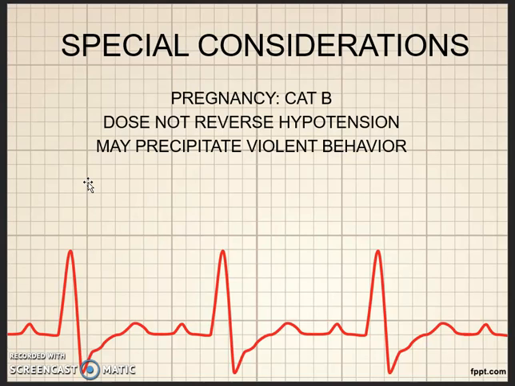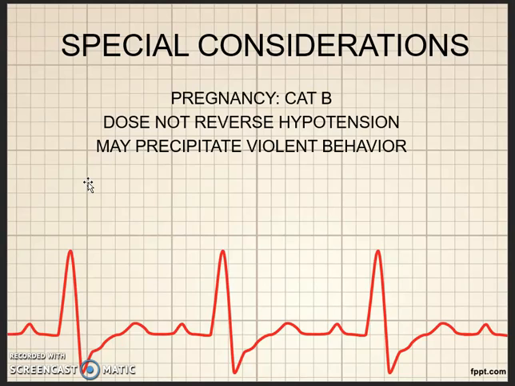Although in the third trimester it has been tested, and there have been no untoward effects toward the child, or the fetus rather. Category B simply means that the benefits outweigh the risks, and it is considered to be generally safe.